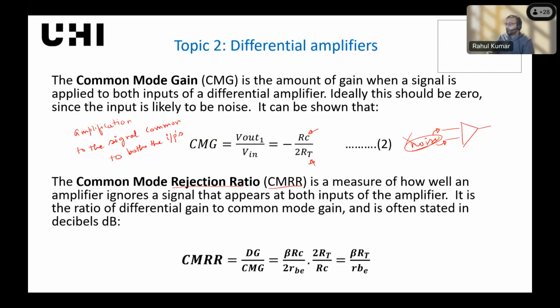Rejection ratio, common mode rejection ratio. So how well your amplifier is rejecting the common signal or noise at the input side. Now it is given by this formula. So again, you can divide the differential gain by common mode gain. And if you calculate, you will get this formula: beta RT divided by RBE.